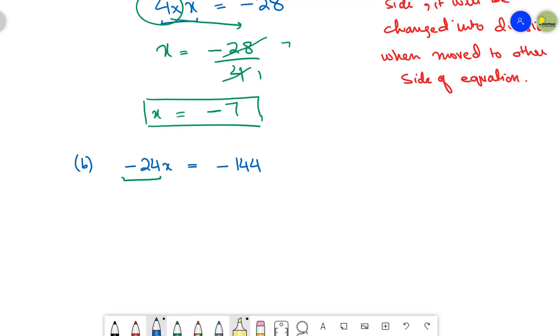So x remains over here, minus 24 is going to be shifted to the other side and it will be written in the division or in the denominator. So it will be minus 144 over minus 24. Now when you are having minus sign in the numerator and minus sign in the denominator, you are going to cancel it. Both the minus signs will be cancelled. Minus minus becomes plus. You will have a positive fraction.